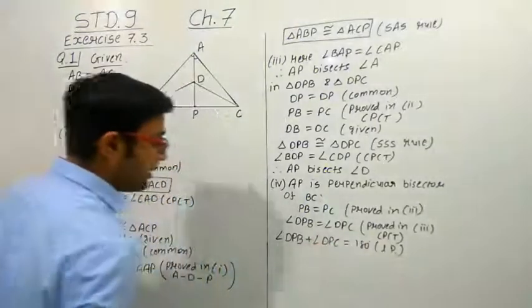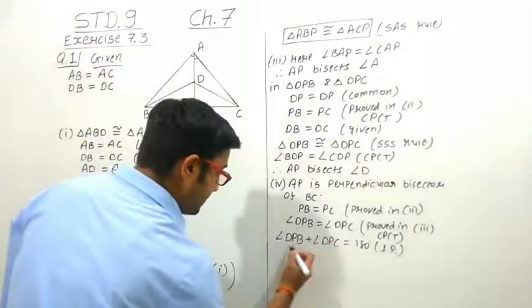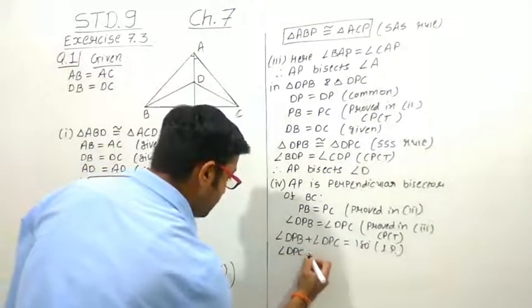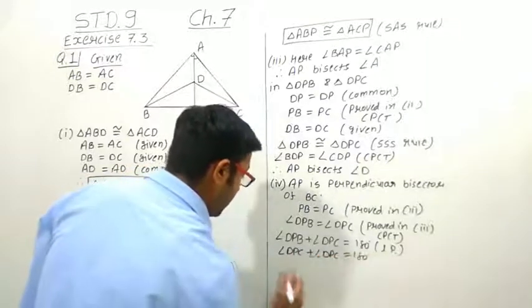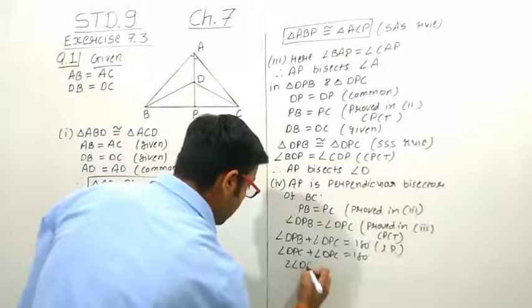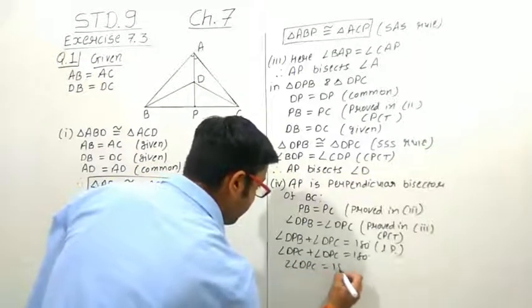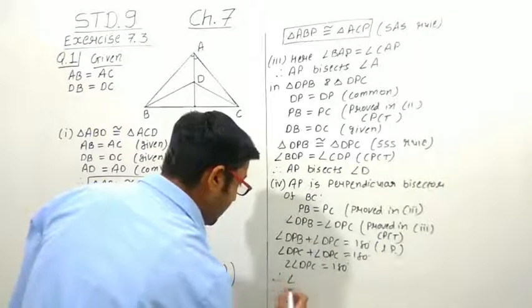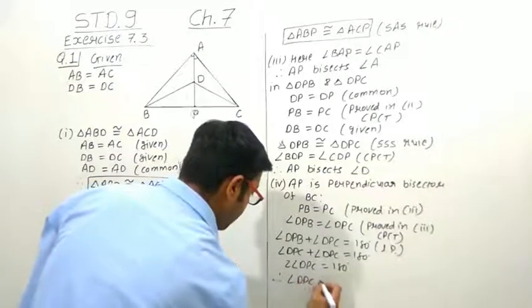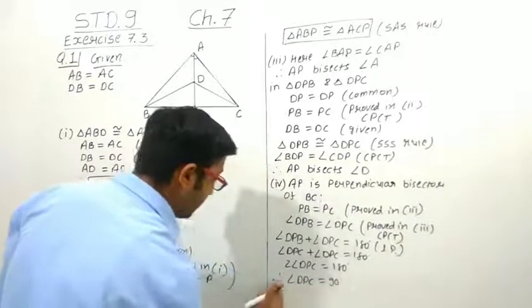So angle DPC plus angle DPC is equal to 180. 2 times angle DPC is equal to 180, and therefore angle DPC is equal to 90 degrees.